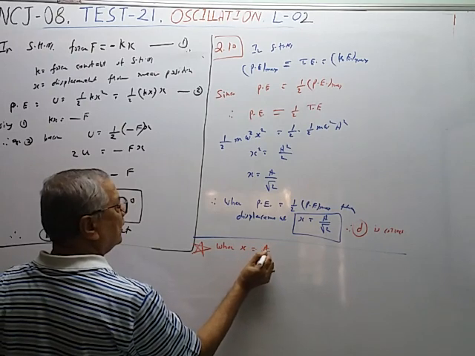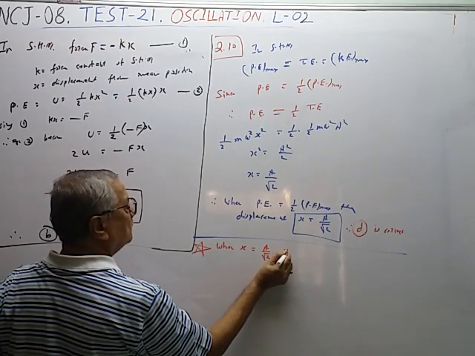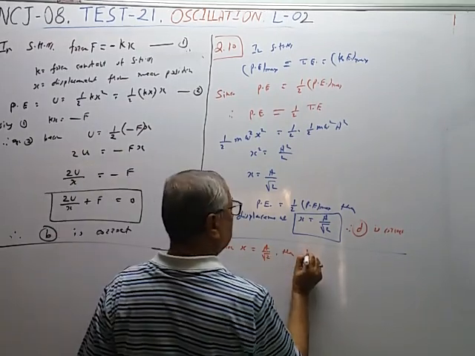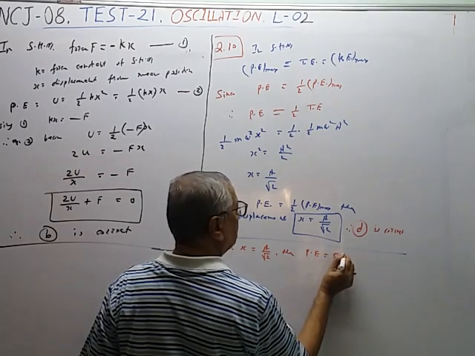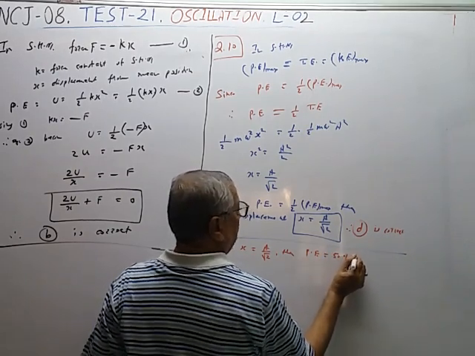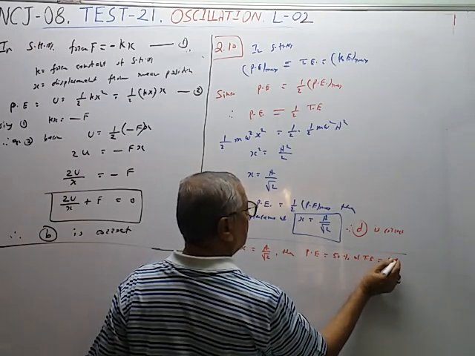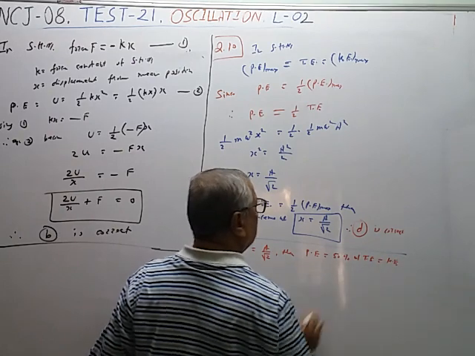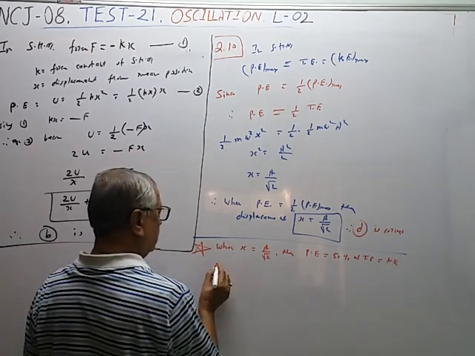When x is equal to A upon root 2, then P is equal to 50% of total energy is equal to K. K and P are equal. Both are 50-50%.